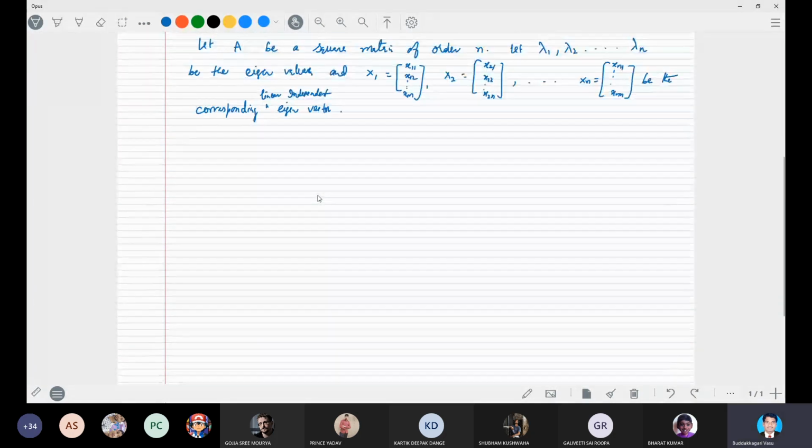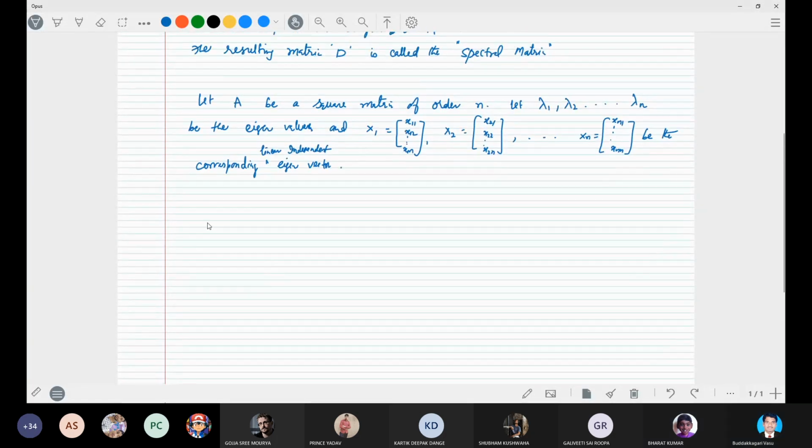Now we show how this matrix A is diagonalized. When x1, x2, x3, and so on are the eigenvectors corresponding to the eigenvalues lambda 1, lambda 2, and so on up to lambda n of matrix A, they will satisfy the definition of eigenvalue and eigenvector.